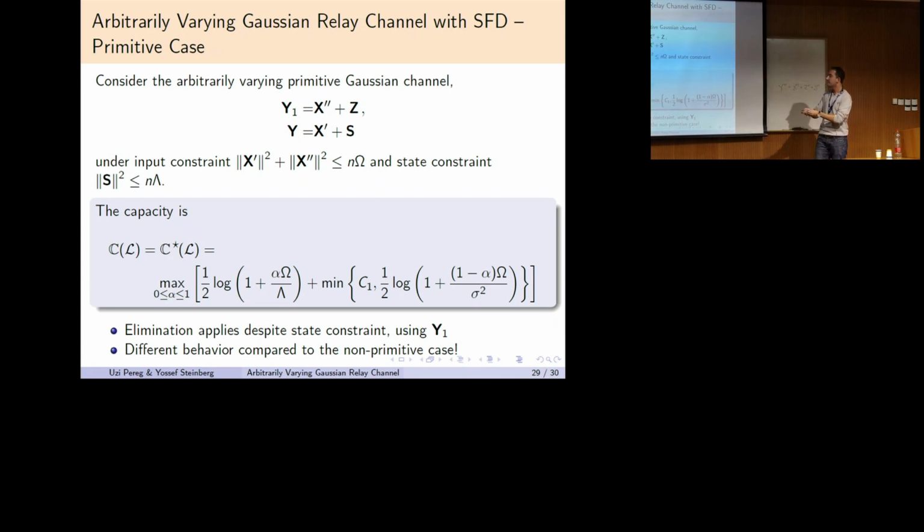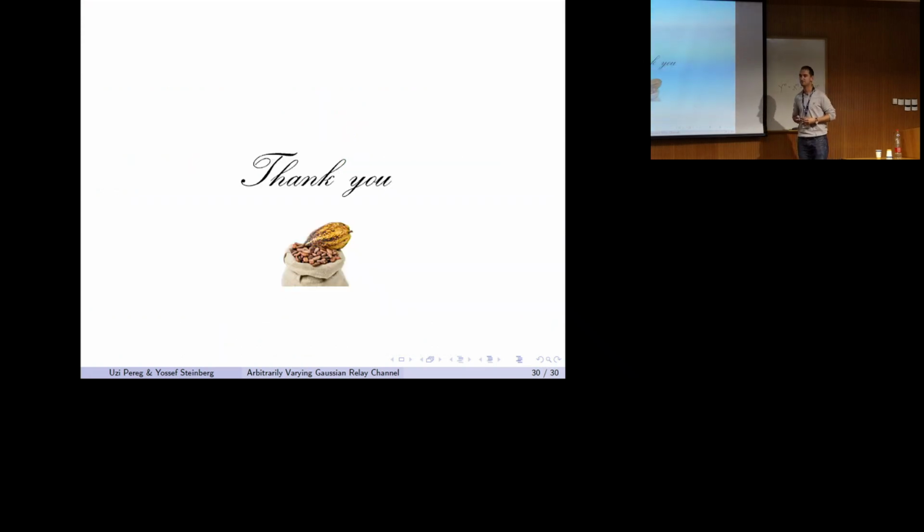Here, on the other hand, the deterministic and random code capacities are the same regardless of the value of the input constraint. That's why we have a different behavior compared to the non-primitive case, as opposed to what Kim asserted for the classical or usual primitive relay channel. Okay, so this is it.